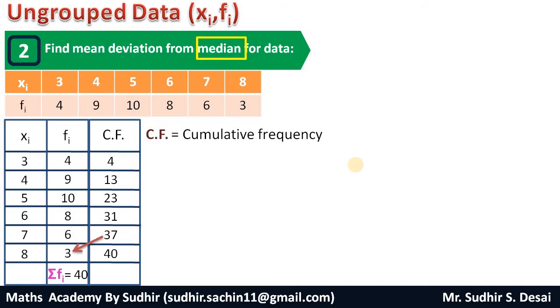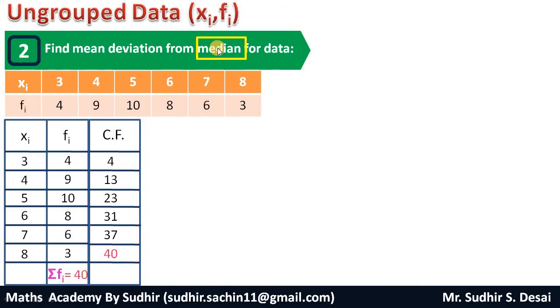And last is 37 plus 3, 40. So here you can observe last CF and summation of fi must be same. These two values must be same. If it is not same, then you must have made some mistake in calculating CF. So observe these two values, they must be same.